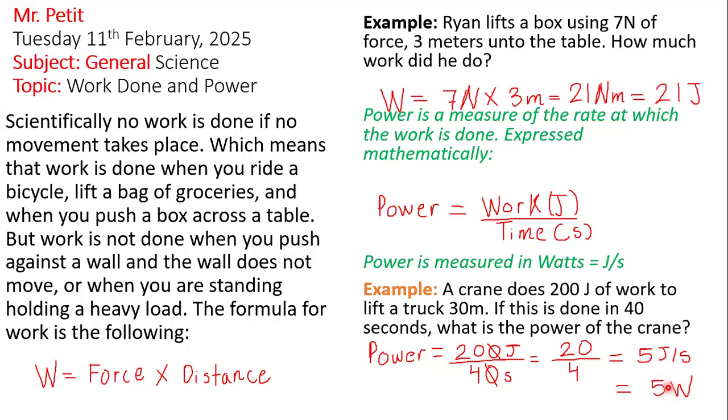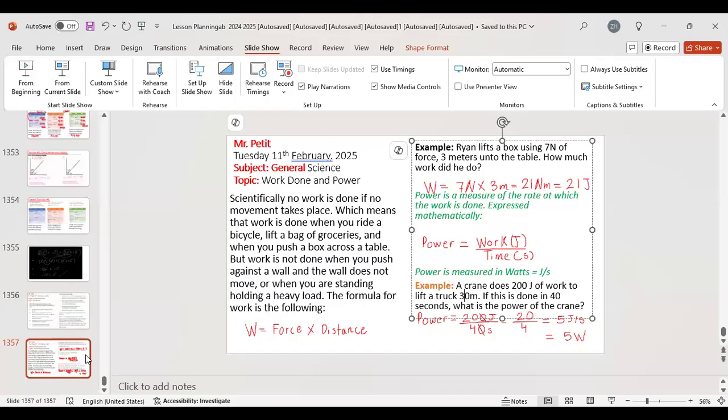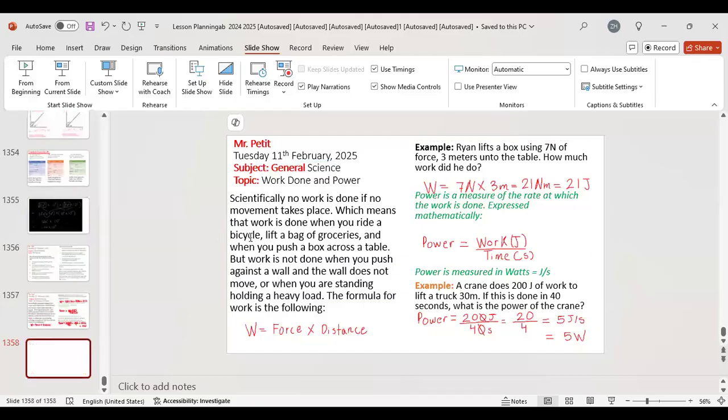Okay. So, do I need to do another example? Let's do another example for y'all. So this is how we find out the power. Let me move this here.